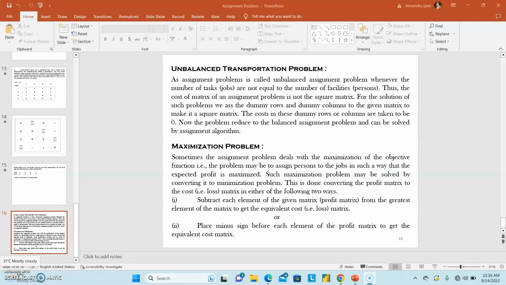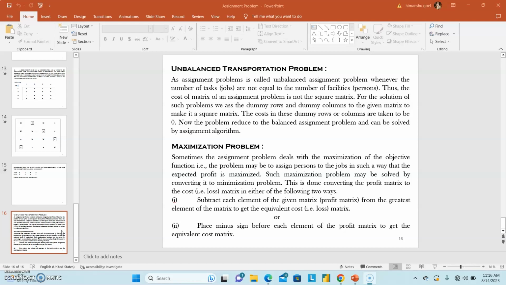The last one is the maximization problem. Since we have discussed the unbalanced assignment problem and the minimization cost problem, there is also a maximization problem where the objective is to maximize the profit, right? Sometimes the assignment problem deals with maximization of the objective function. The problem may be to assign persons to jobs in such a way that the expected profit is maximized.